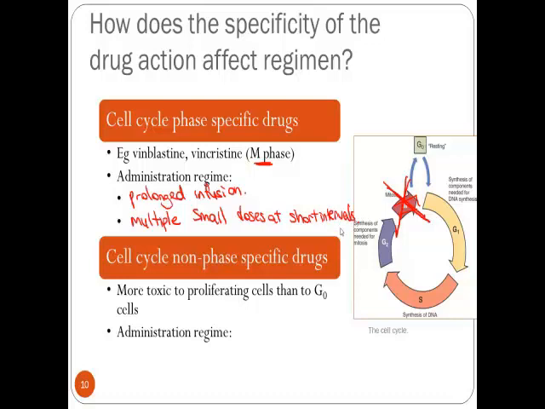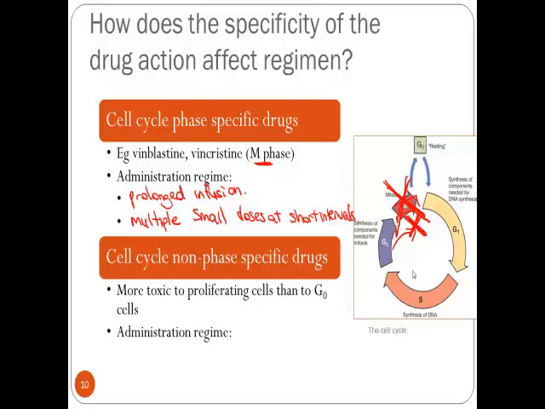And what happens when you do either of the two possibilities is that the first round, cells that are in the M phase will be killed. And then if it's a prolonged infusion or the next small dose, cells that were in the G2 phase will enter the M phase, and then get affected by the chemotherapeutic drugs.